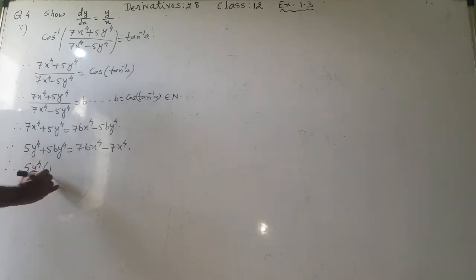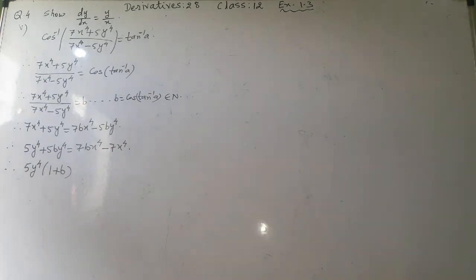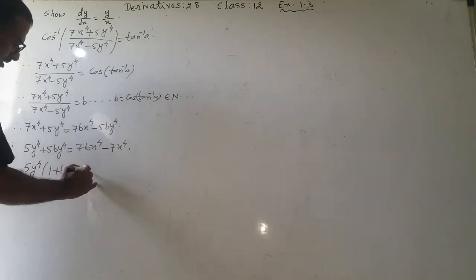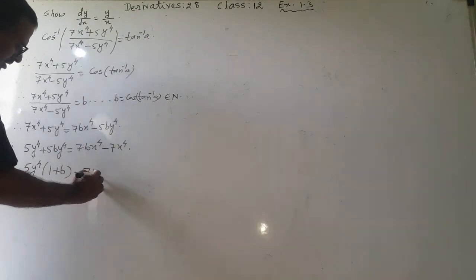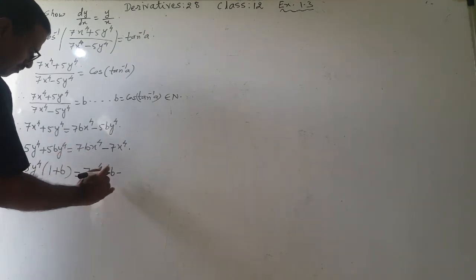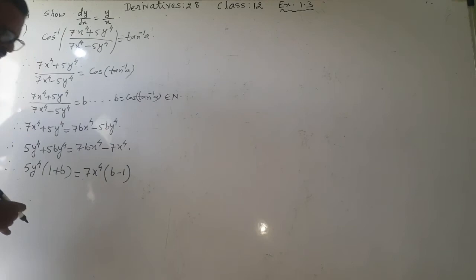So here remains 1, here remains b. Always in this sum, 1 plus b and 1 minus b, or 1 minus b and b minus 1, like this it comes. So that is equal to. Here what is common? 7x raised to 4 is common. So here remains b, and here remains 1.